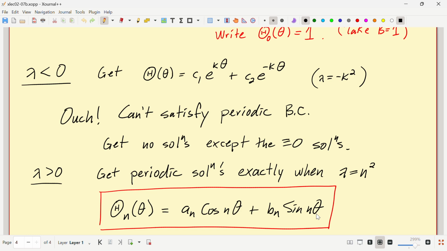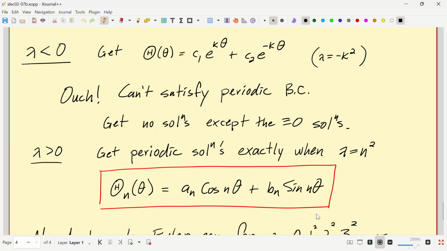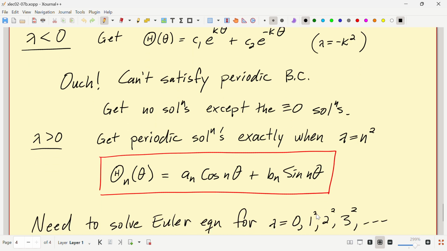And so you get nothing. You only get the 0 solution in that case. But good news, when lambda is positive, then we get trig functions. And of course, we know we can make them wiggle just right, so when you come back around 2 pi, they hook up. And since they're 2 pi periodic, you can also arrange for the derivatives to hook up.